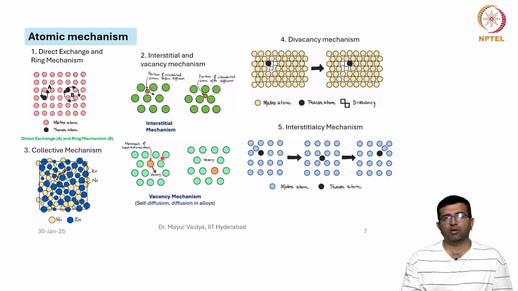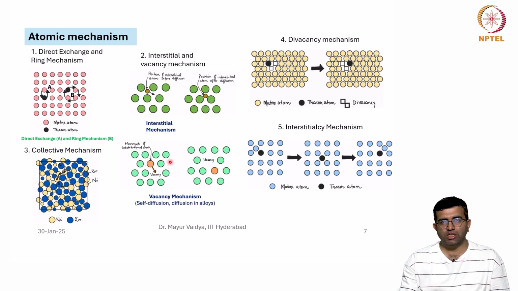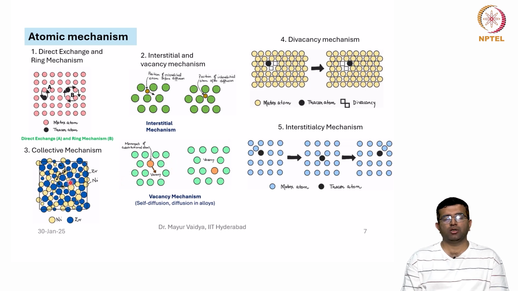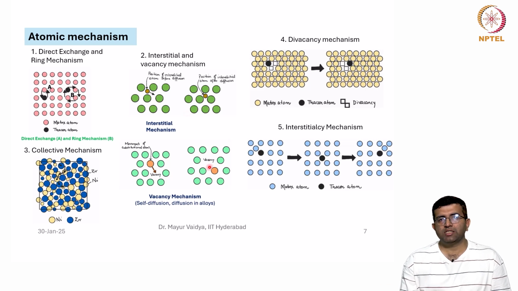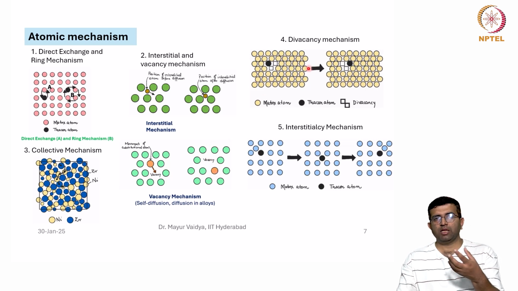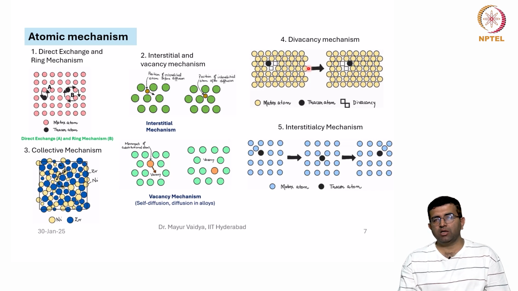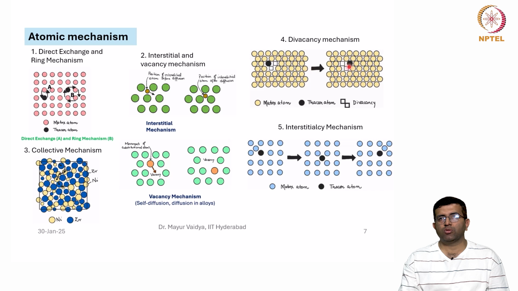For the vacancy mechanism, we saw that this is applicable to self-diffusion or substitutional solute diffusion, where the atom exchanges its position with the vacancy. Then we also saw the collective mechanism, which is there in glasses or in amorphous structures. In the vacancy mechanism, we talked about a monovacancy, but it is also possible that two vacancies join together to form a divacancy, and their motion also can contribute to diffusion.